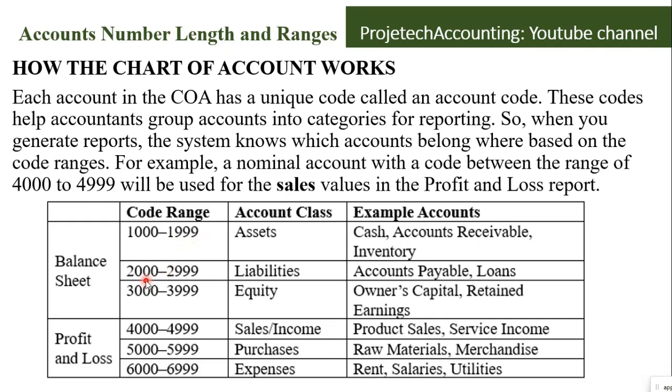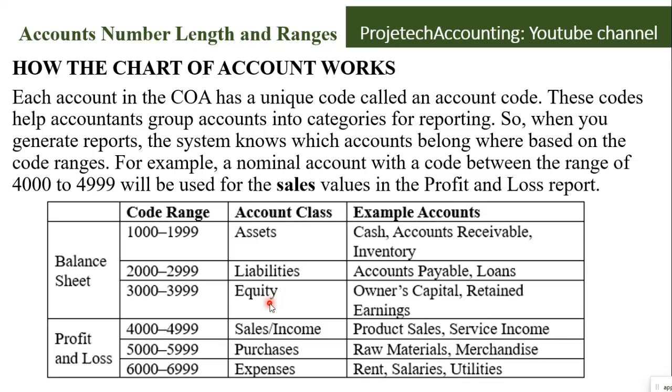Now, if you have a liability account, for example accounts payable or loans, it can be assigned numbers between 2,000 and 2,900. This is very important for you to set up your chart of accounts appropriately, because the software has already created an account template for you, which you can modify to suit your own chart of accounts for your company.